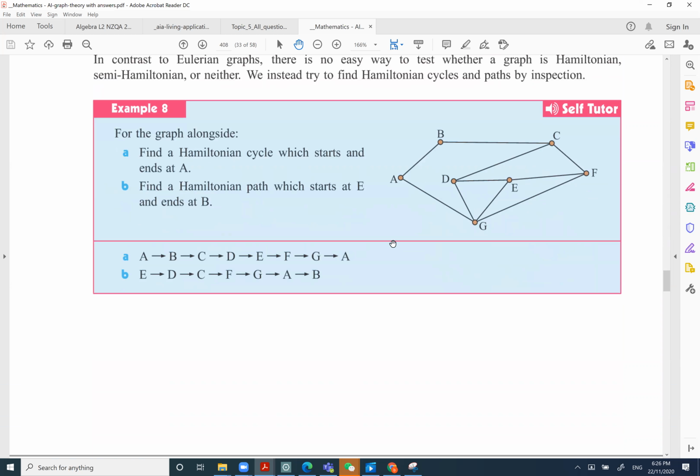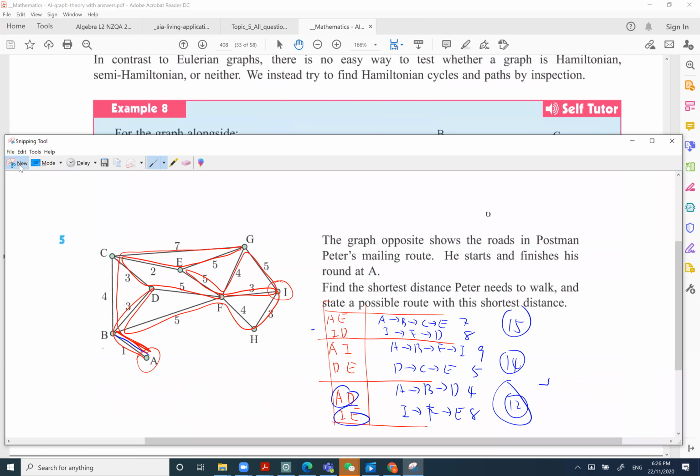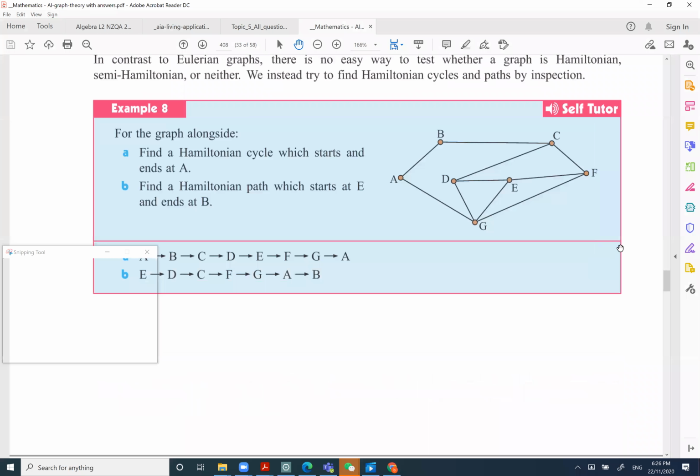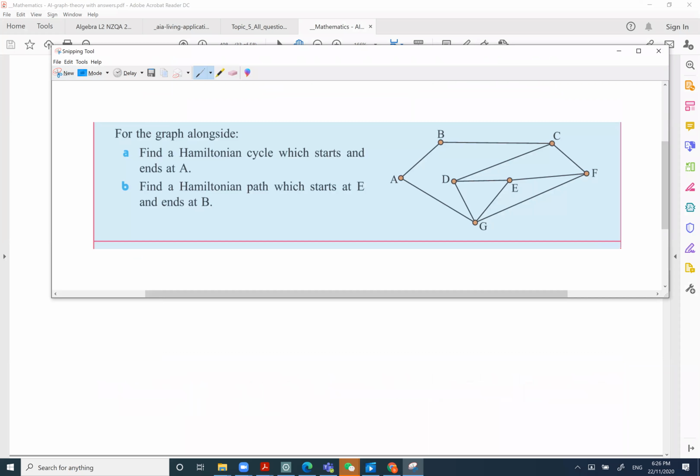Let's check that one. You have to find the Hamilton cycle. For a cycle, you travel all the vertices and back to starting. So you can start from A, all vertices. That's called the Hamilton cycle.